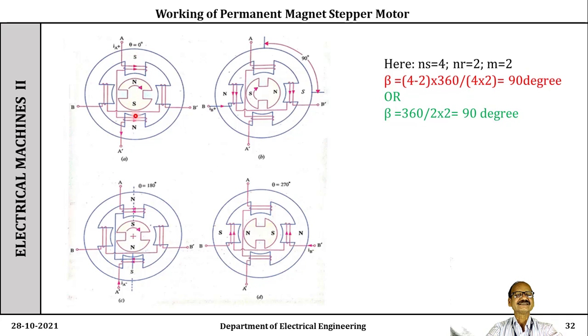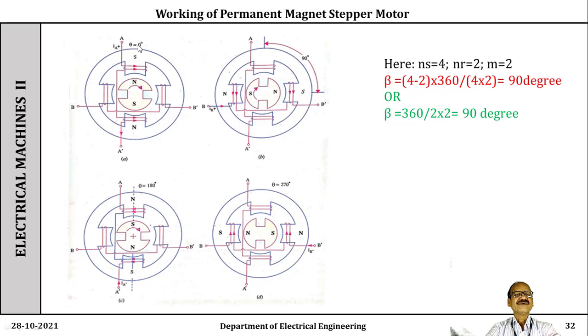Similarly, looking from the other side, it generates the north pole here. So the permanent magnet rotor tries to align along the direction of the axis. That is, the stator polar axis and rotor polar axis align, so at this situation no angle is generated, and therefore theta is 0.